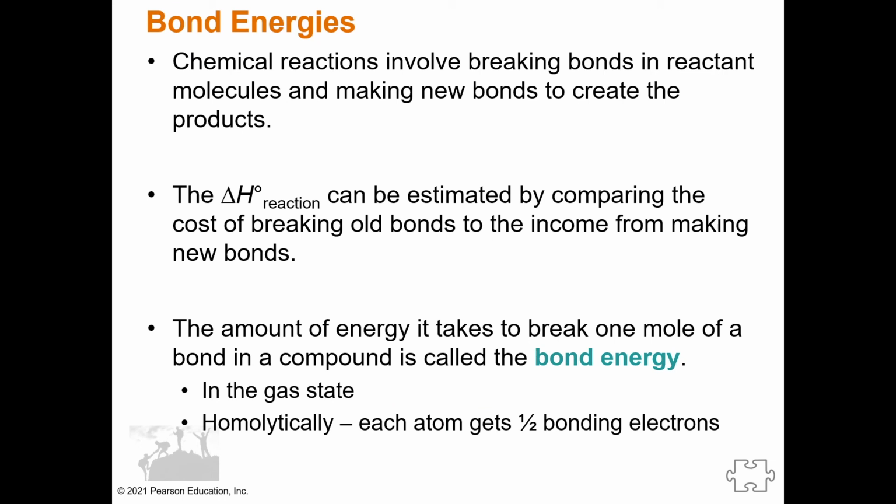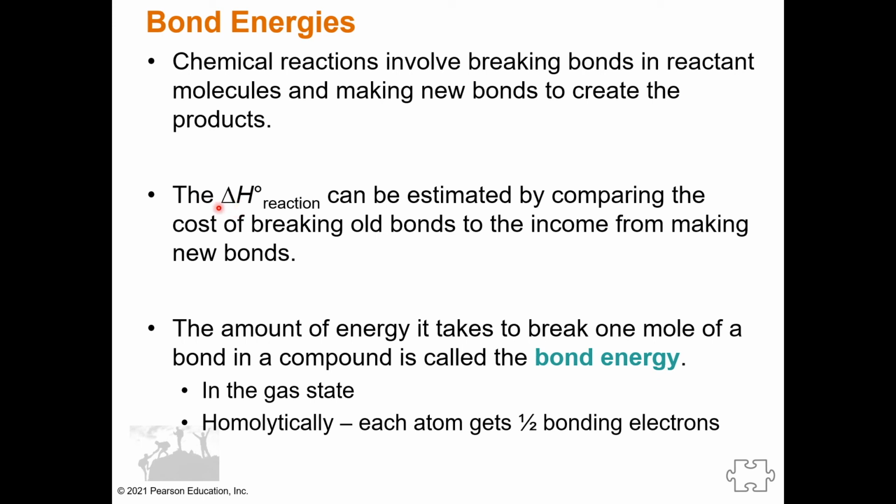Now we're going to take a look at bond energy, and that's how much energy is needed to break a bond, and specifically 1 mole of that bond in the gaseous state. We could use calculated bond energies to figure out the delta H of a reaction. You're going to have to memorize an equation to figure out this delta H reaction.